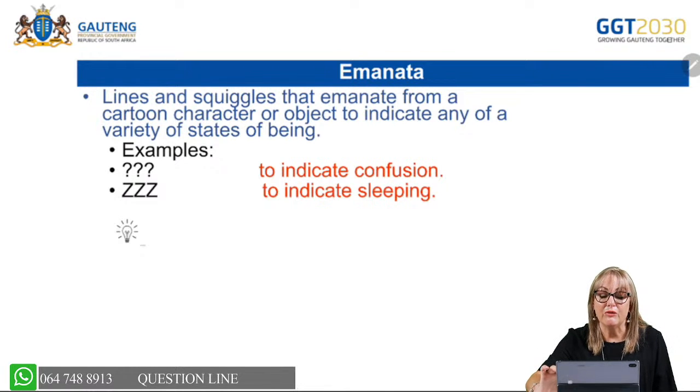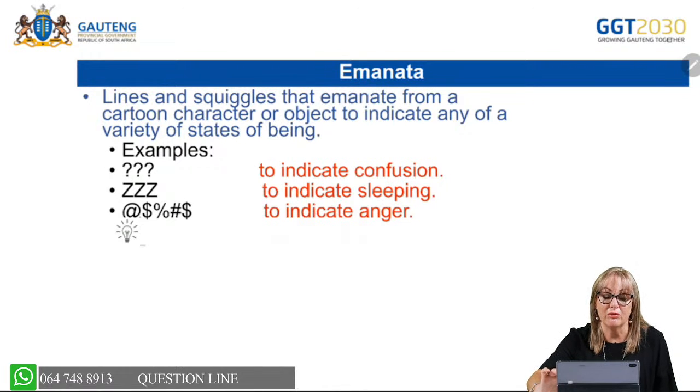Zzz, they refer to sleeping. If you see those little symbols, it indicates anger. It's normally used to portray swearing, because they can't use real swear words in a cartoon.